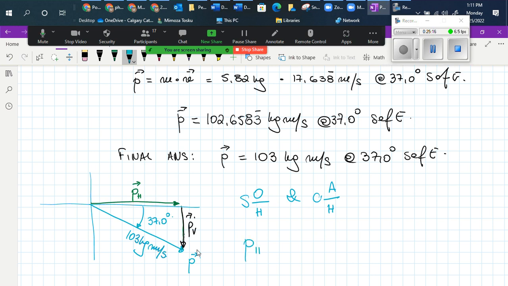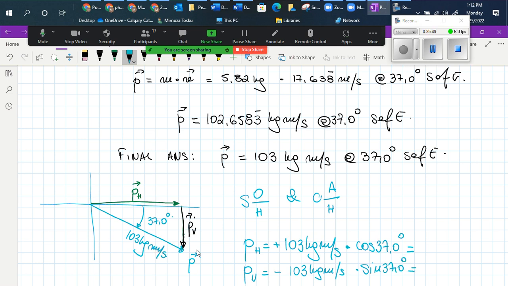So the horizontal component of this vector is a positive one, and it is 103 kilograms meters per second times, being adjacent, cosine 37 degrees. And for the vertical component, since it is going towards south, it will be negative 103 kilograms meters per second times sine 37 degrees.